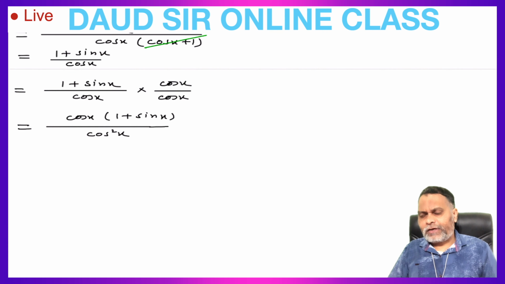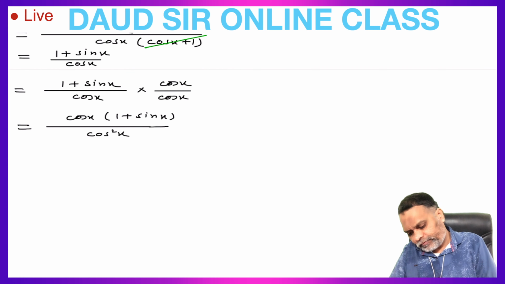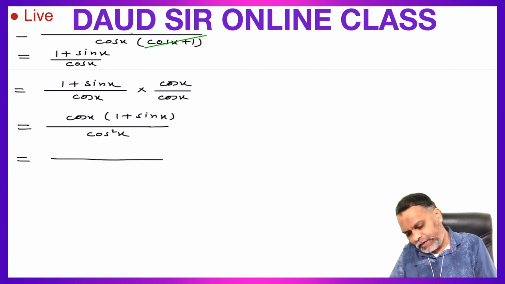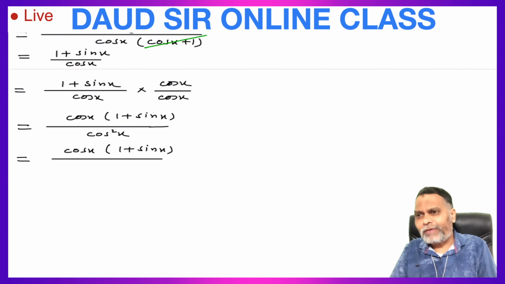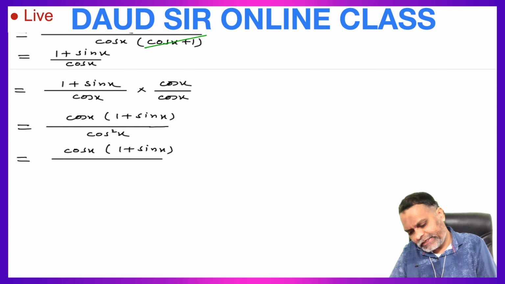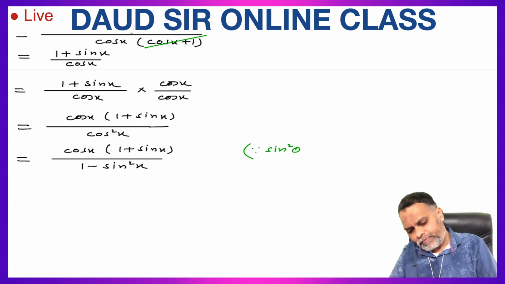But in the numerator we require 1 minus sin x, so write this cos square x as, this is cos x (1 plus sin x). In the denominator we need 1 minus sin x. So cos square x can be written as 1 minus sin square x by using the Pythagorean identity, since sin square theta plus cos square theta is equal to 1.